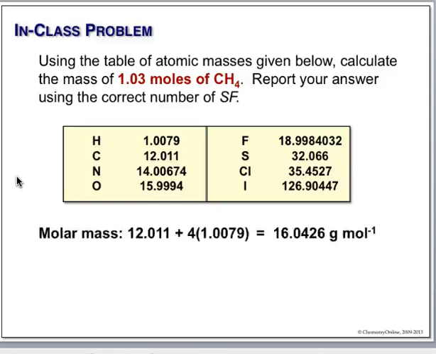Our molar mass, we have 1 carbon, 4 hydrogens. We're at 16.04 grams per mole. Our given here is 1.03 moles. So this ratio we use must have moles in our denominator. Here's our given. We have to set it up with moles of methane down here.